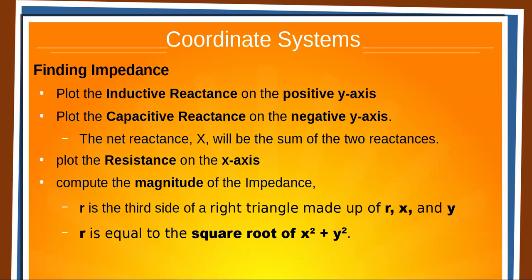Now, that doesn't quite seem the way you'd really do it, because if you've got both capacitive and inductive, I would find the inductive reactance point, and from there, measure down whatever the capacitive reactance point is. So basically, you're subtracting it. And wherever that lands is the equivalent reactance, whether it's positive or negative. If you just plot one up and one down, you still have to figure out what the difference is.